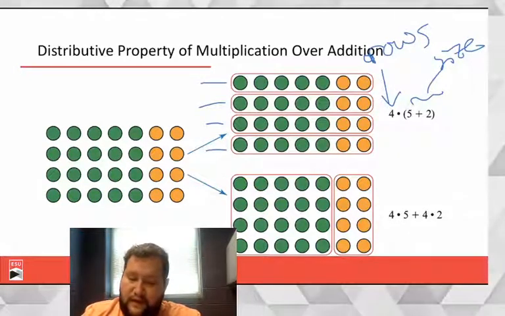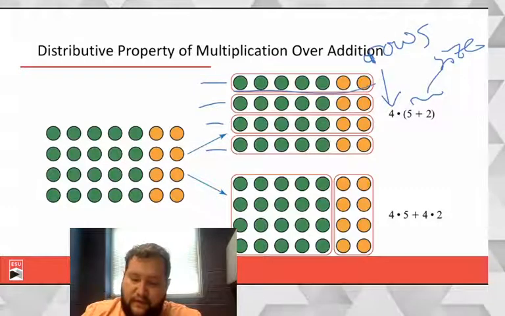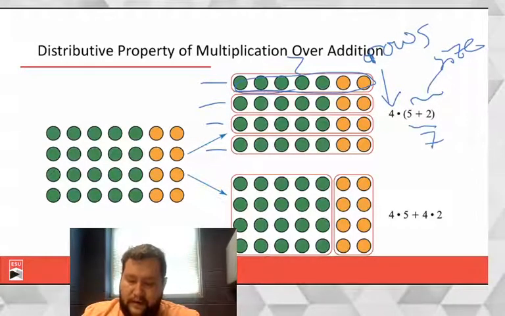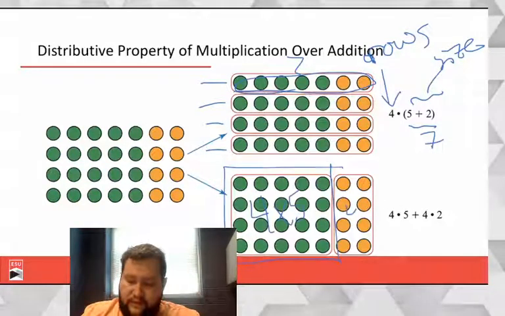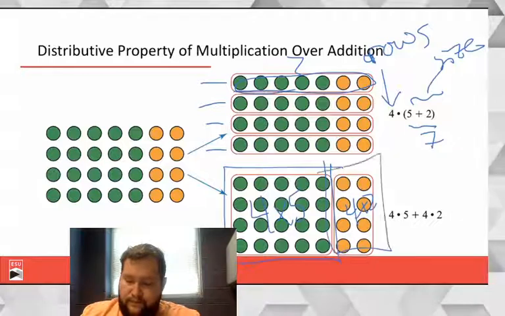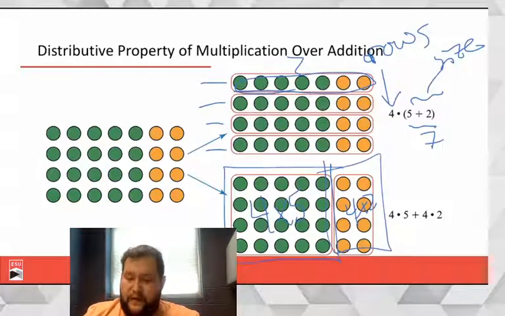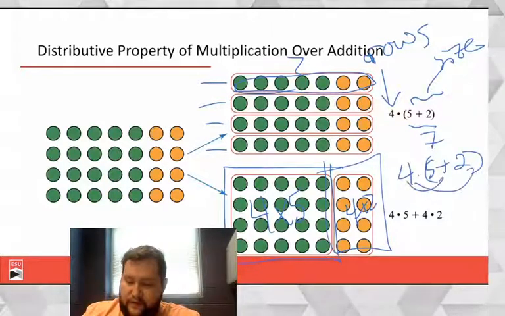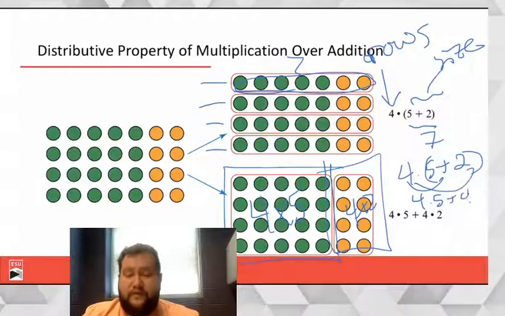And we can either think of it as 5 plus 2, or 7, or we can think of it as 4 times 5 plus 4 times 2. Right? We can split it apart. And so 4 times 5 plus 2 means we multiply each of those, 4 times 5 plus 4 times 2.